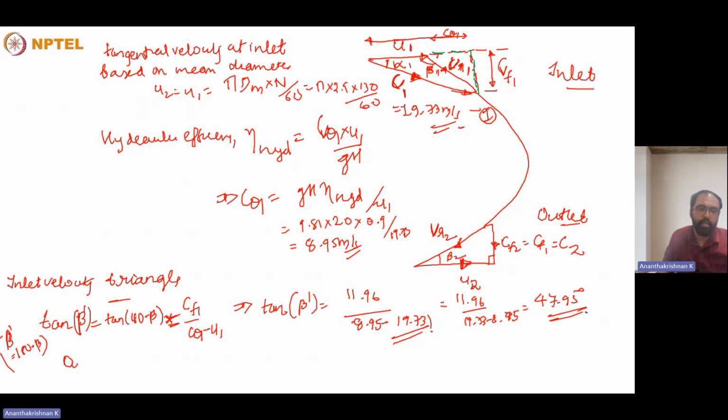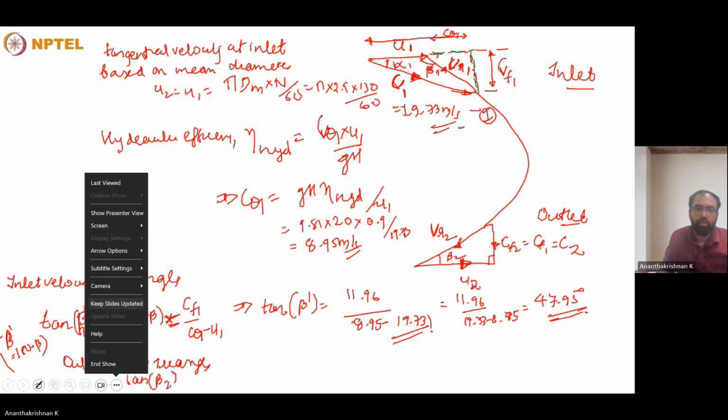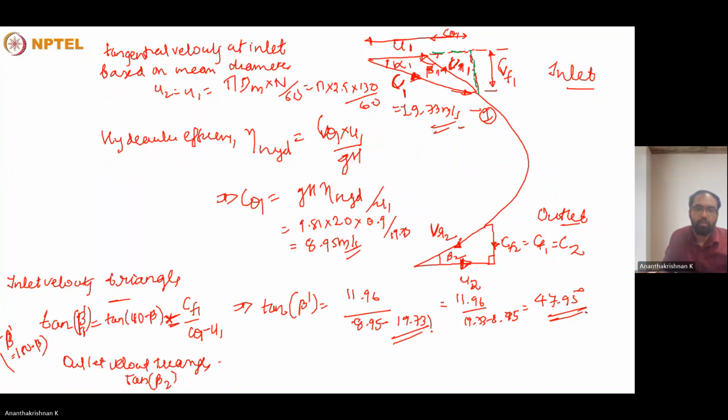And similarly at the outlet velocity triangle, tan of beta 2 is equal to CF2 divided by U2. So CF2 we have determined it to be same as CF1 itself. So 11.96 divided by 19.73.